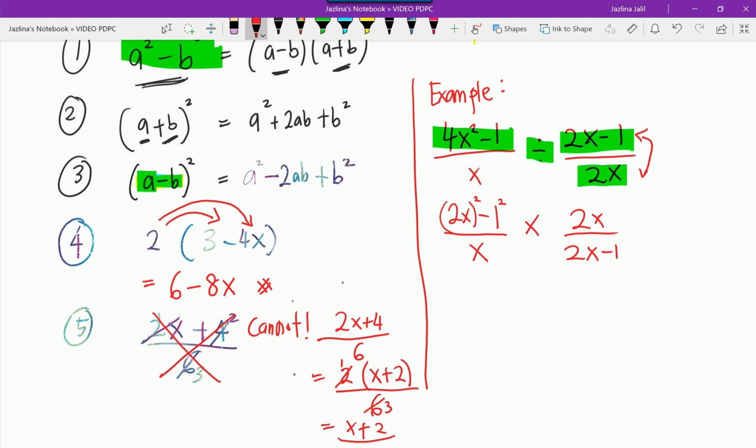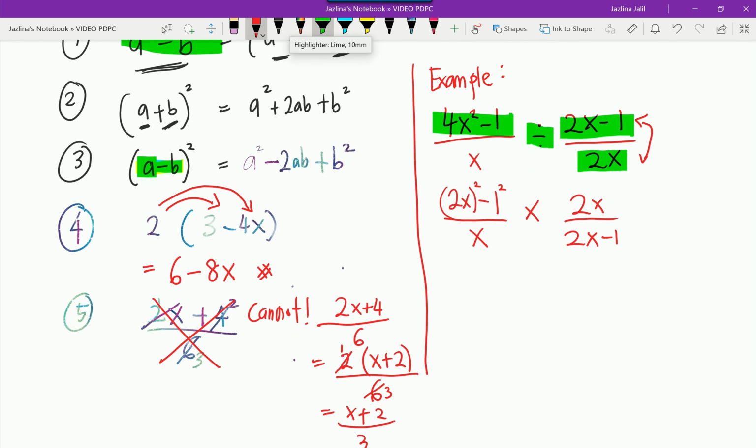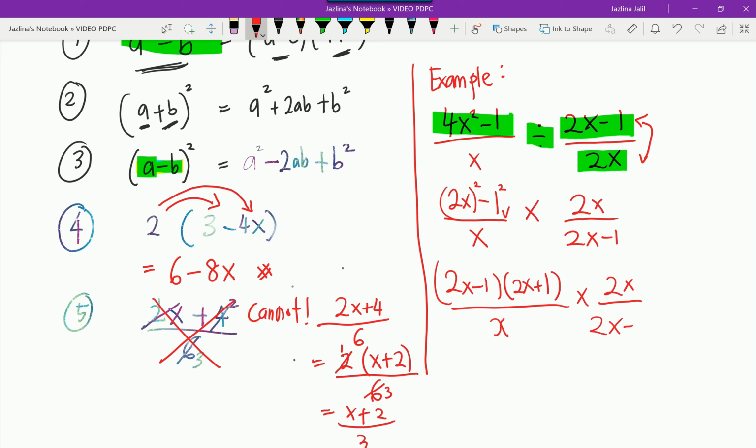Then the next step, this one will be (2x minus 1), another one must be plus, over x, multiplied with 2x over 2x minus 1. Now you can simplify. There's 2x, you can simplify with this, and this x you can simplify with this. Now the answer will be 2x plus 1.